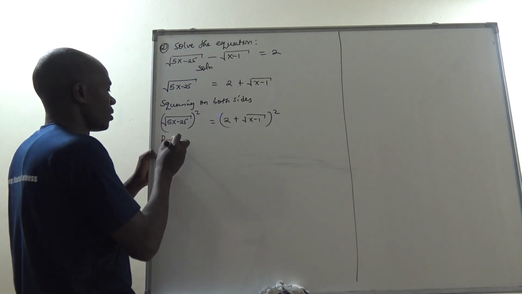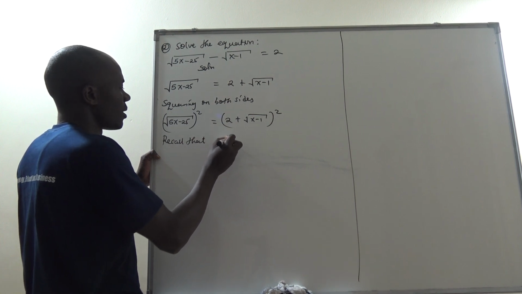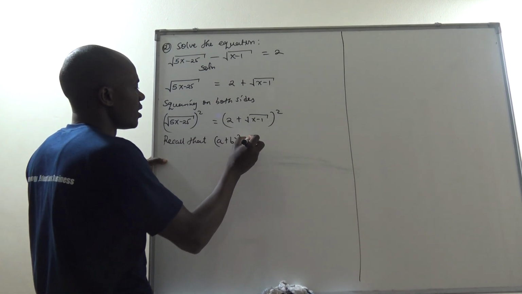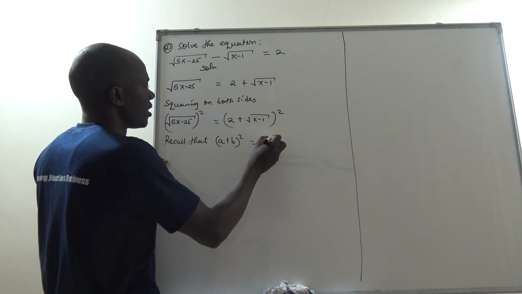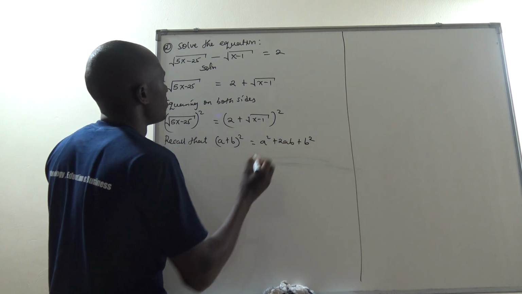Also, recall that the expansion of (a plus b) squared is a squared plus 2ab plus b squared.